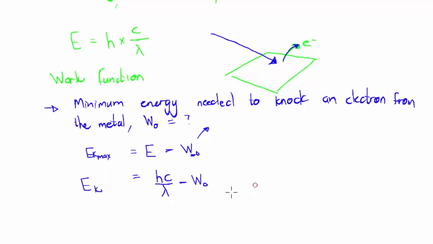Okay, so let's say I just want enough energy to knock it off. I don't want the electron to have any extra energy. I just want to know how much energy I need to at least just knock them off, even with no additional velocity afterwards.